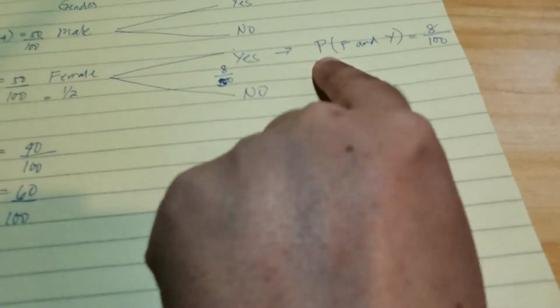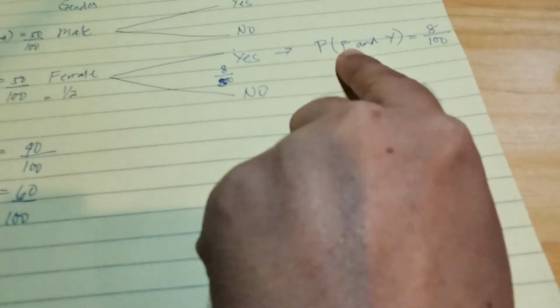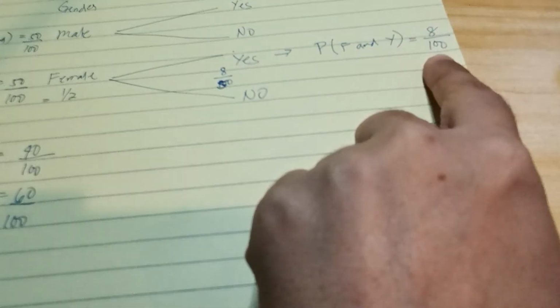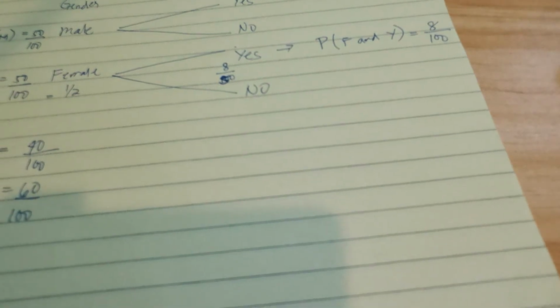So, ang probability of female and yes natin ay 8 over 100. Now, ang hinahanap kasi natin, the respondent answered yes given that the respondent was a female.